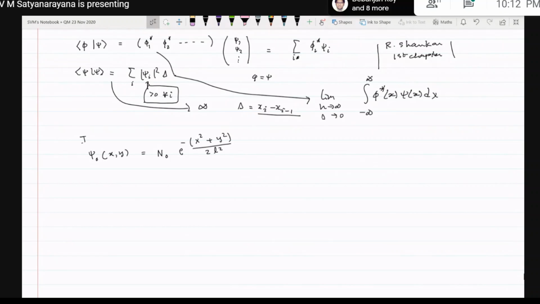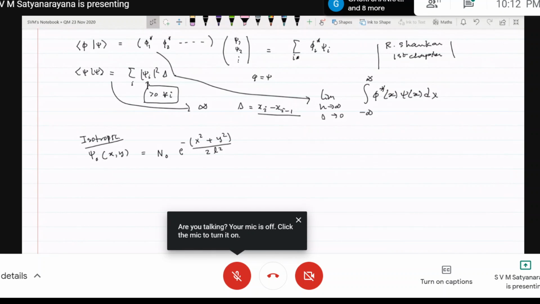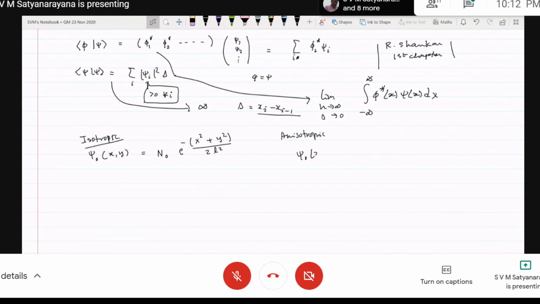This is for isotropic. And if you have anisotropic, psi 0 of x comma y is equal to n0 into e to the minus x square by 2L1 square minus y square by 2L2 square, where L1 is equal to the square root of h cross by m omega 1, and L2 is equal to the square root of h cross by m omega 2.